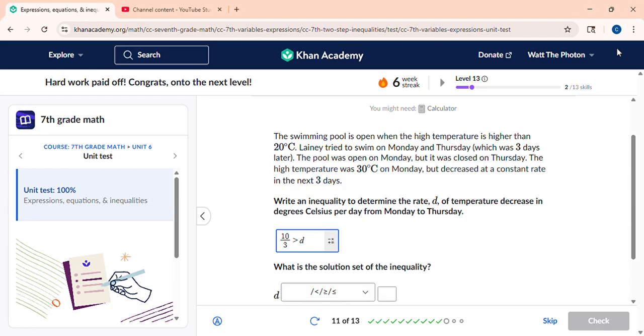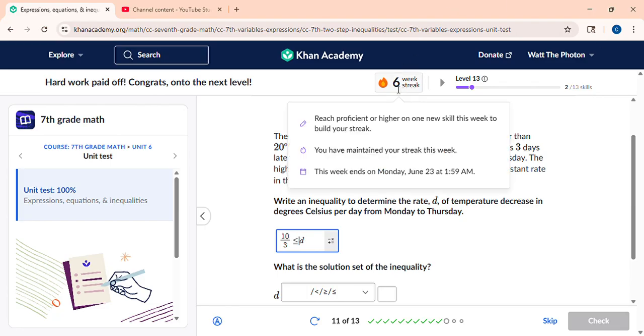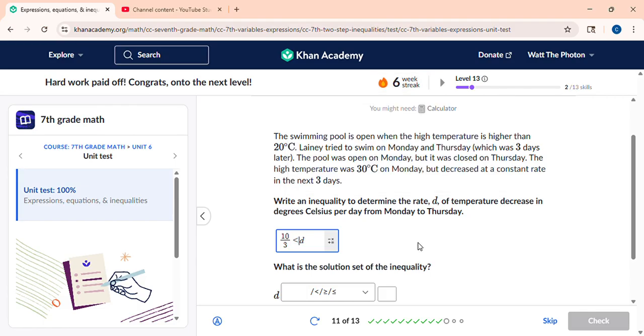So the temperature difference has to be higher than 10 degrees. The temperature decrease has to be greater than 10 degrees.